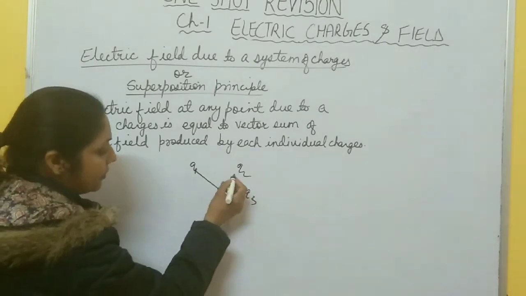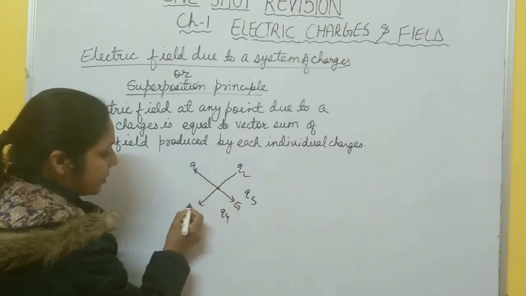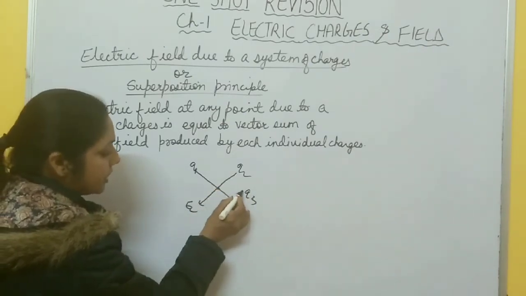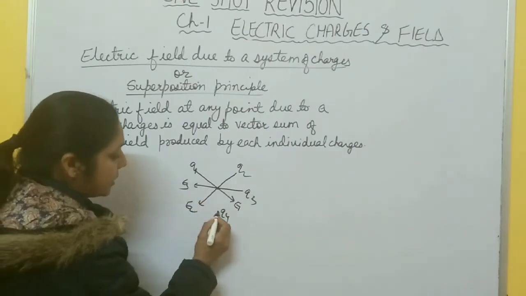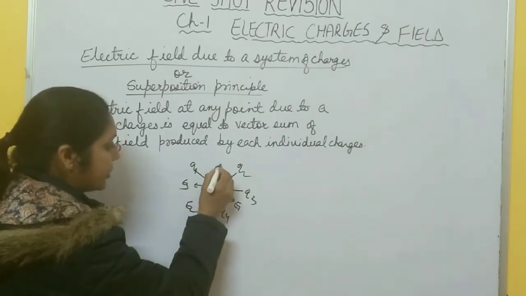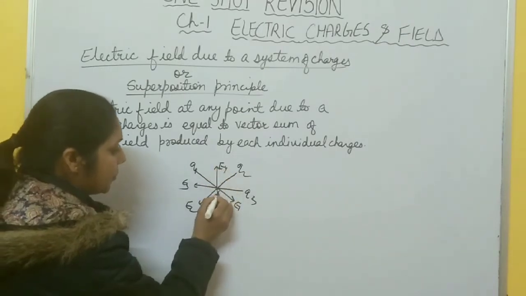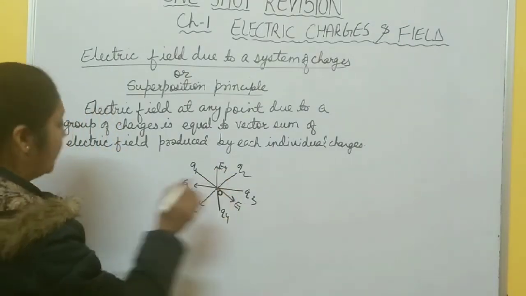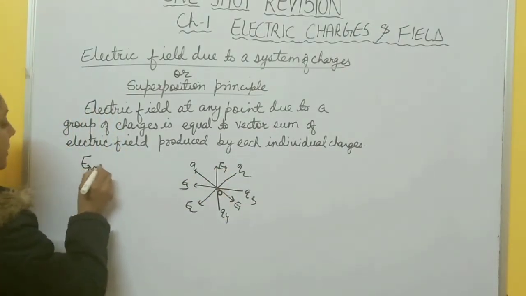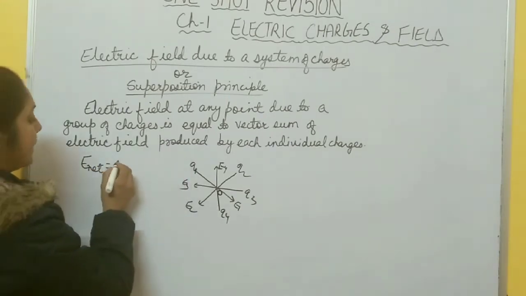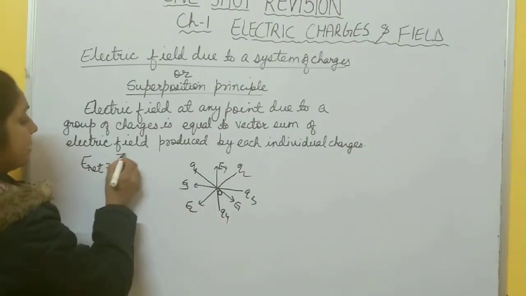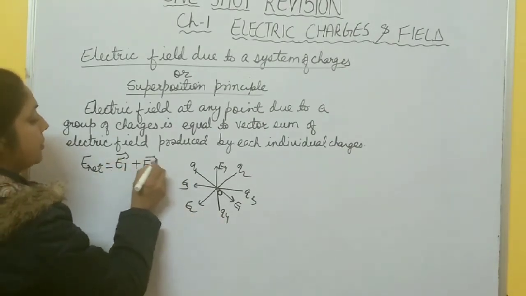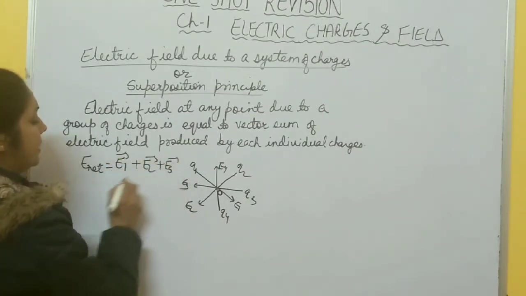This Q2 produces an electric field in this direction, E2, this Q3 produces an electric field in this direction, E3, this Q4 produces an electric field in this direction, E4. So the total electric field at point O, E net, is equal to the vector sum of the electric fields produced by each individual charge, E1 plus E2 plus E3 and so on.